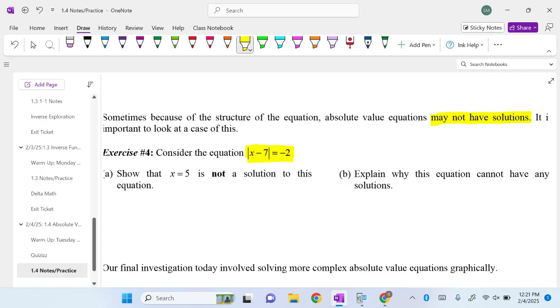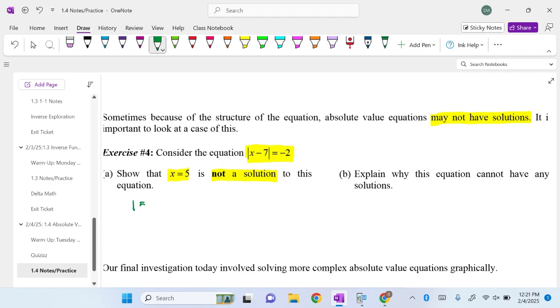Letter A is asking us to show that x equals 5 is not a solution to the equation. Because if we solved this equation like we've been doing, we would get 5 as an answer for x. However, let's see why it's not.